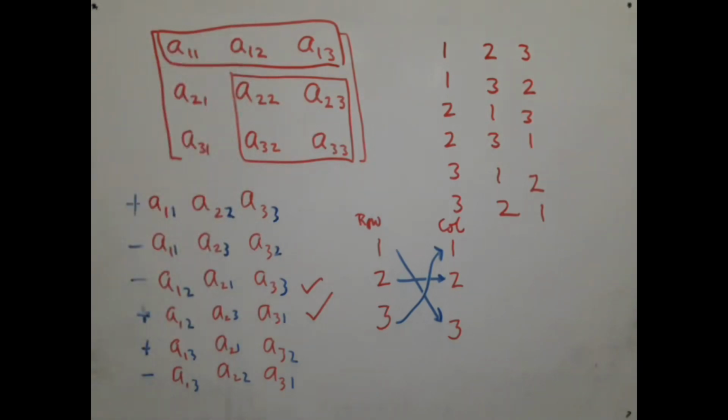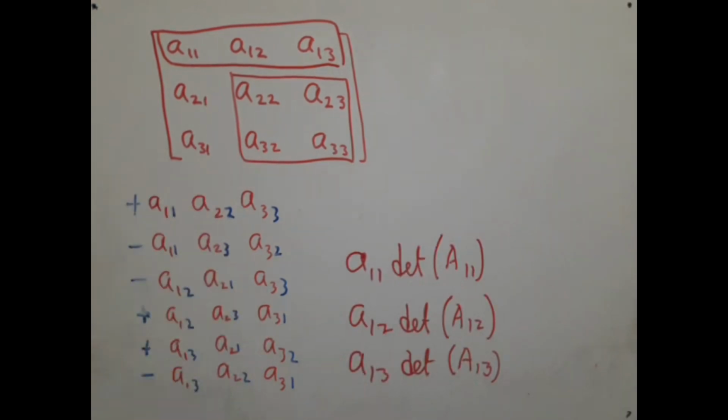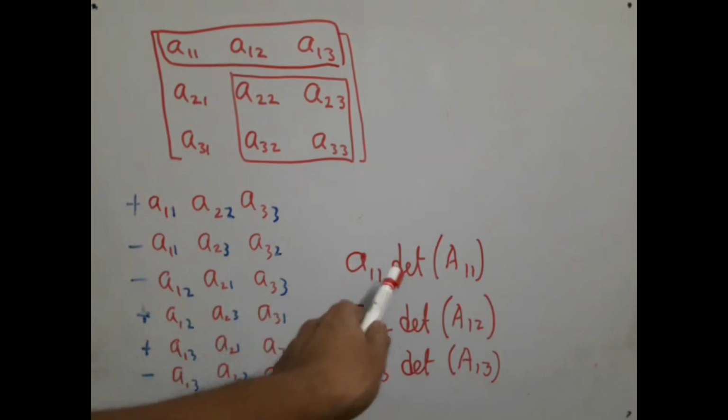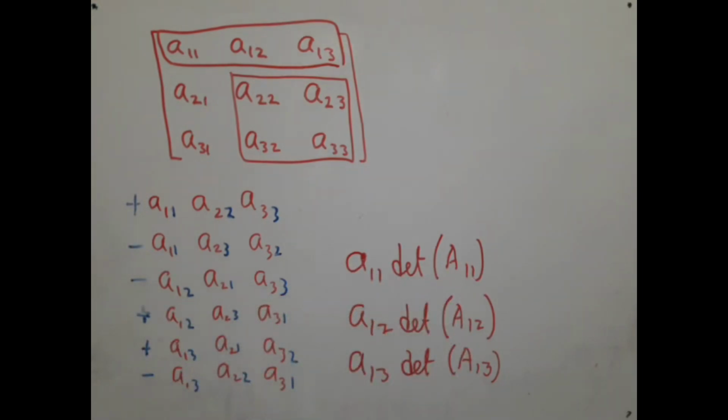So if I proceed in this way, I get a formula by which I can express a 3 by 3 determinant as a sum of 3 2 by 2 determinants. Now, as the order of the determinant goes down, it becomes easier to compute. So this formula is computationally useful, at least when you do the computation by hand. By grouping the terms, I can write it as: all the A11 terms give you A11 times the determinant of capital A11.